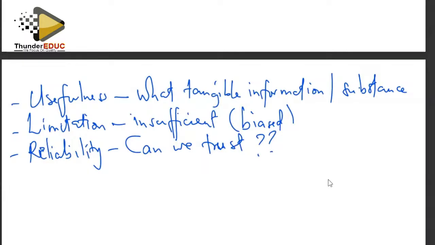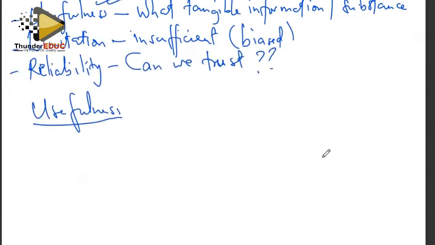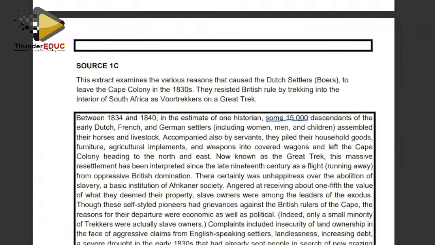So our question, however, is focusing on usefulness. So we want to analyze the usefulness of that source. Right. So our source is useful. Why are we saying our source is useful?